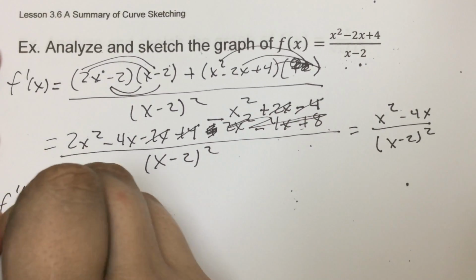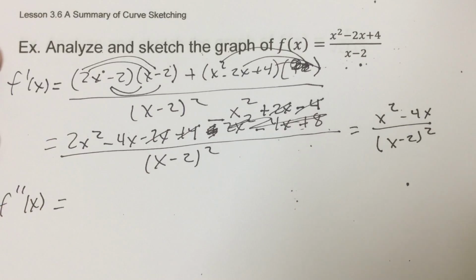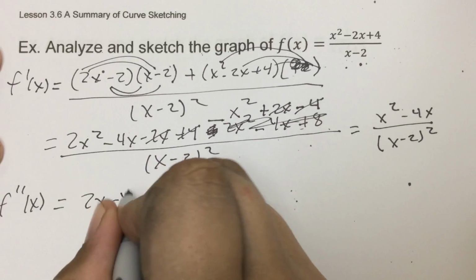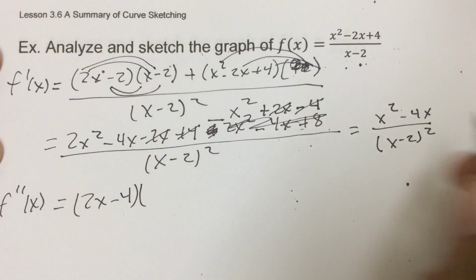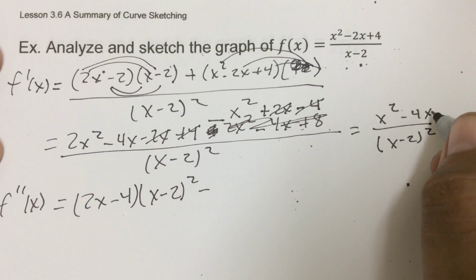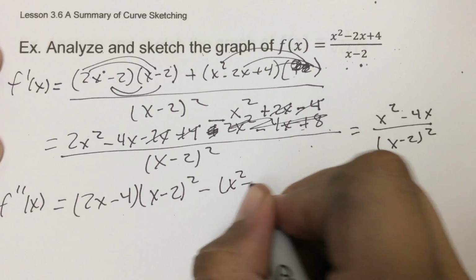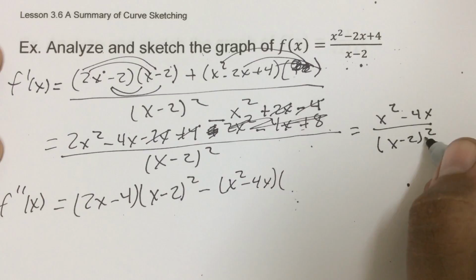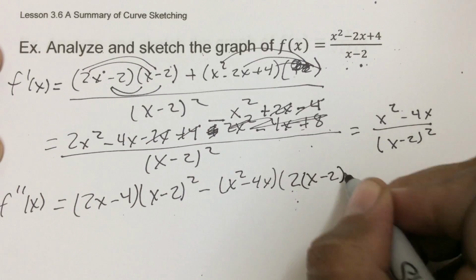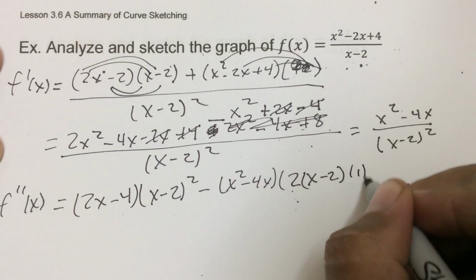Second derivative. So x squared minus 4x would go to 2x minus 4 times the bottom of x minus 2 squared, minus the top of x squared minus 4x. The derivative of the bottom would be 2 times x minus 2 times the derivative of the inside, which would be 1.